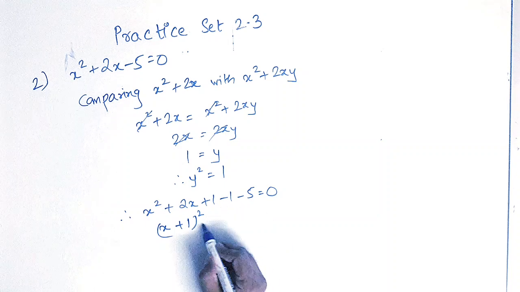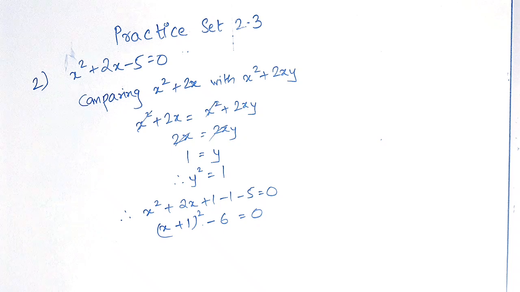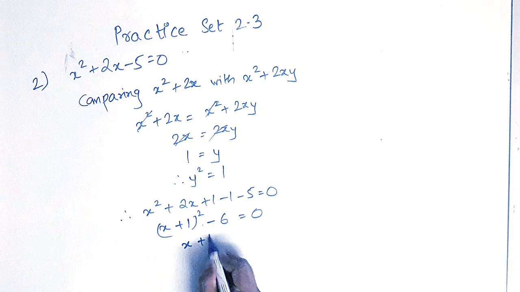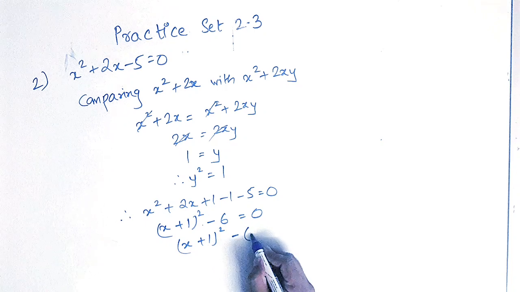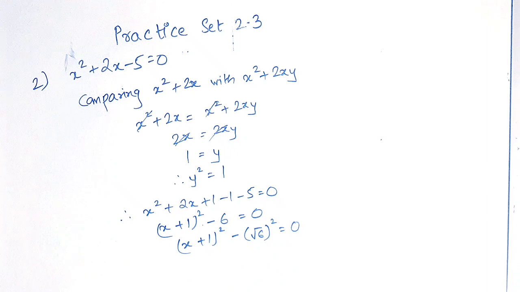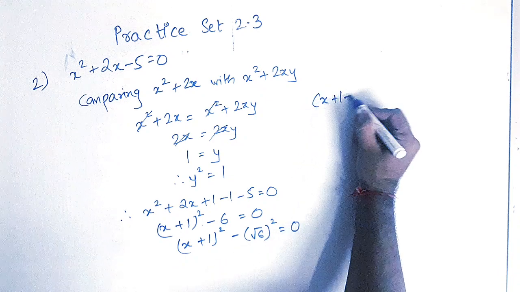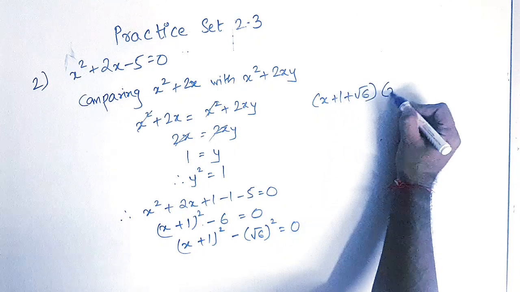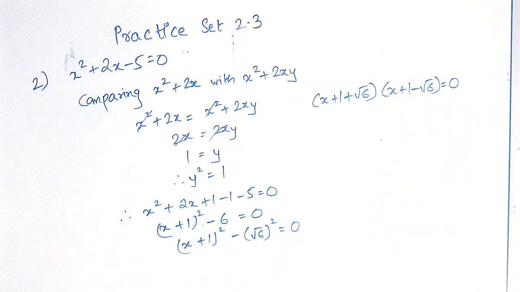What remains here is minus 6 equals to 0. So x plus 1 the whole square minus, if I want to write this, this will be root 6. The square root of 6 is root 6. So we have got this in the form a square minus b square. So the next step is a plus b and a minus b equals to 0.